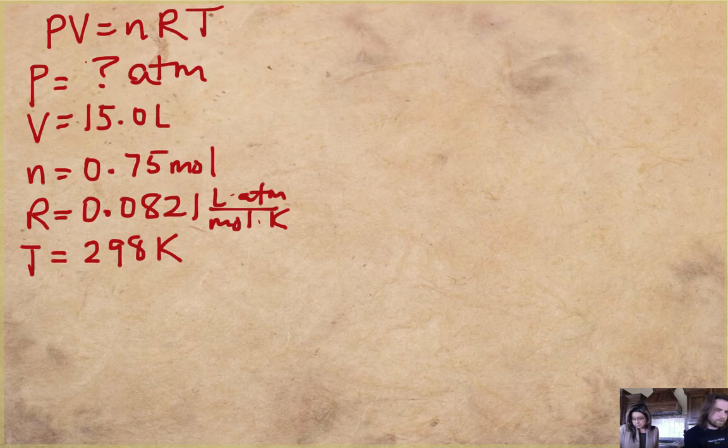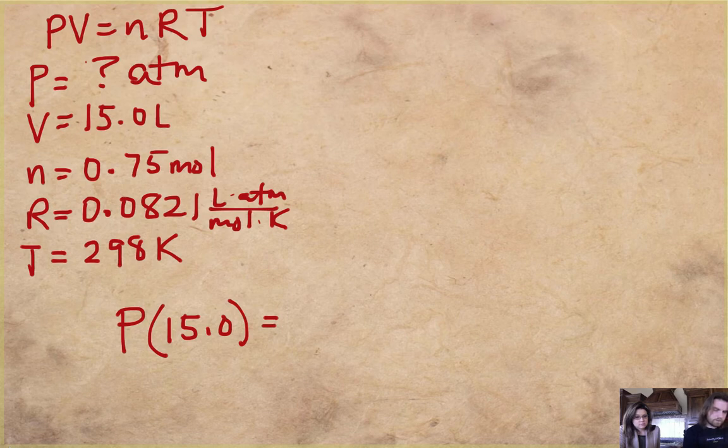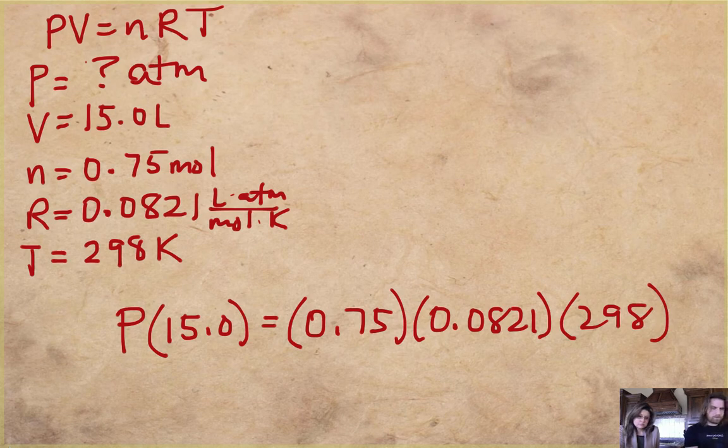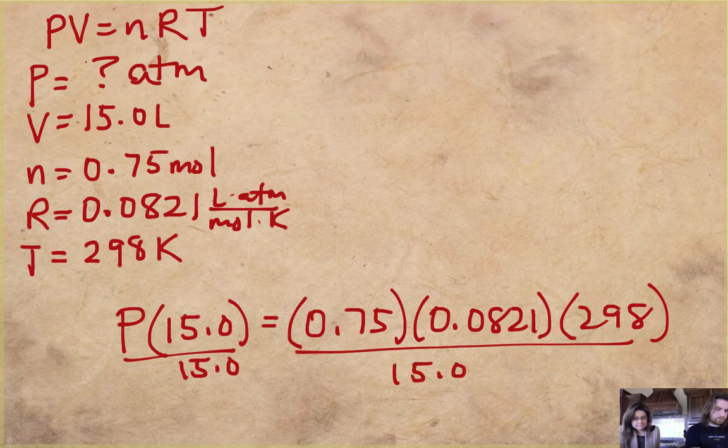Let's plug these numbers in, shall we? We've got pressure, which I don't know, times volume, 15.0, equals n moles times R times 298 T. Now, to get P by itself, you're going to have to divide both sides by 15, so these cancel out.